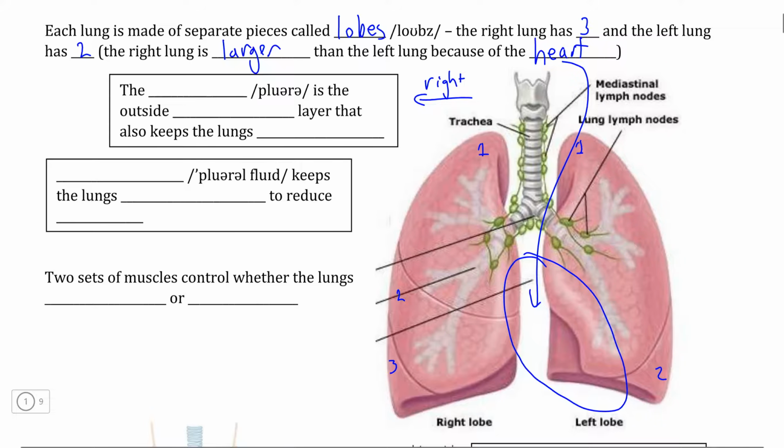Now, the lungs are actually not made of a single type of cells either.